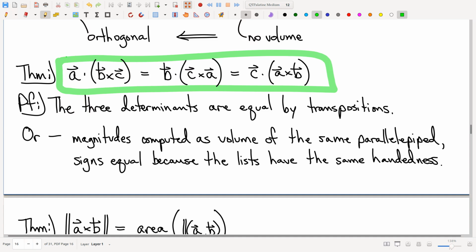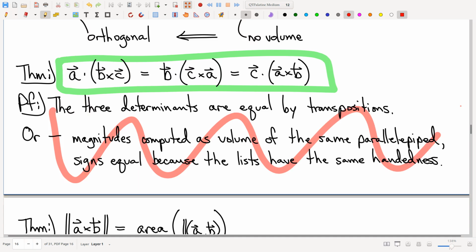Notice, on the left, A here is not part of the cross product. But in the expression that it's equal to, A is part of the cross product. That's weird. So when you cycle the list of vectors as you write them down like that, then the triple product is preserved. Neat property of cross products. Again, you're not responsible for why, but again, very cool arguments, and I hope you'll look at it.